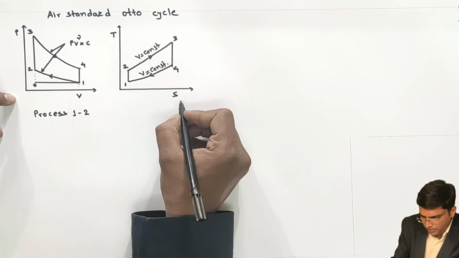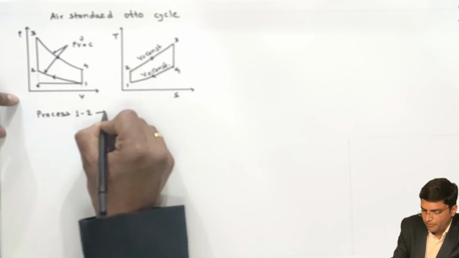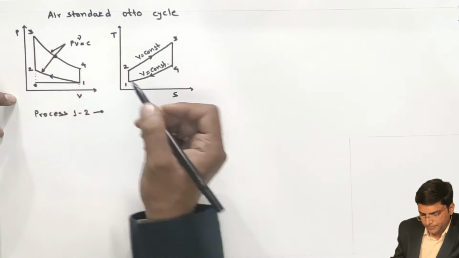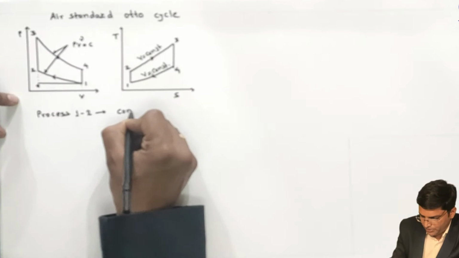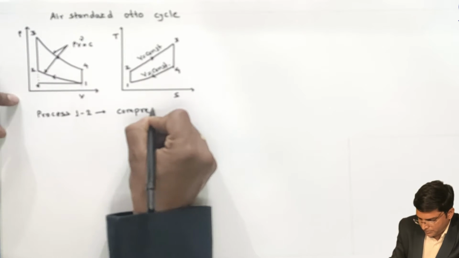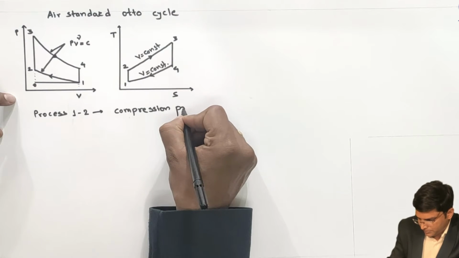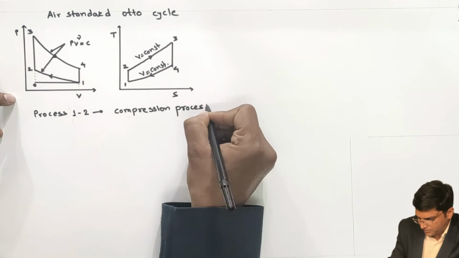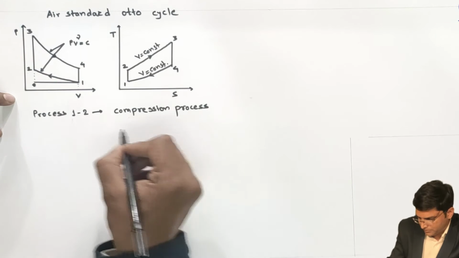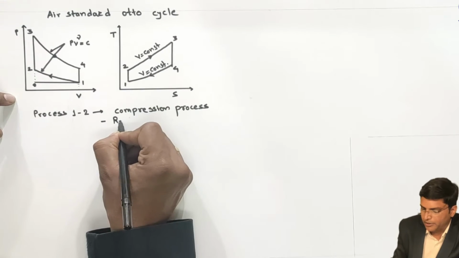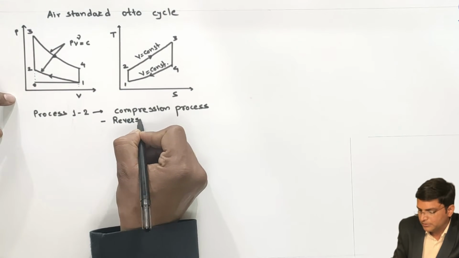Process 1 to 2. 1 to 2 is a compression process. It is also a reversible adiabatic process.